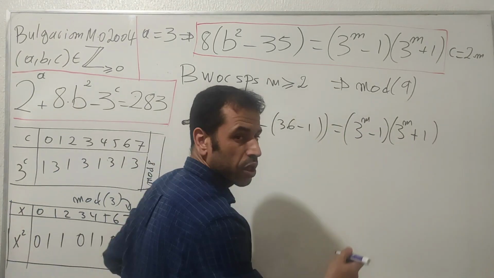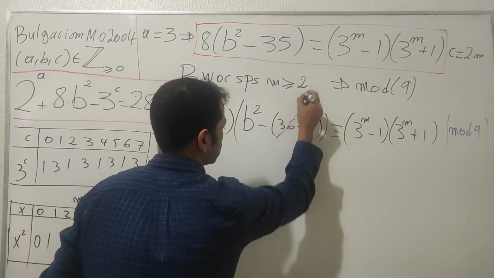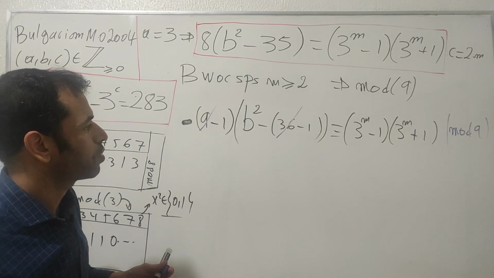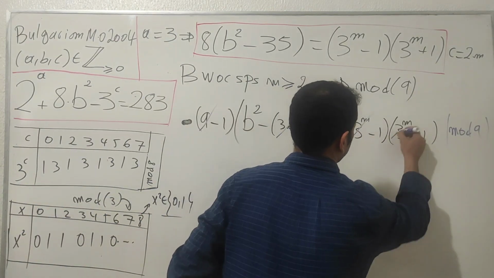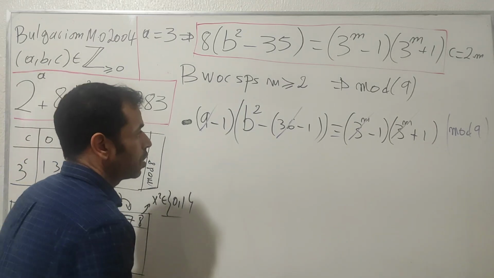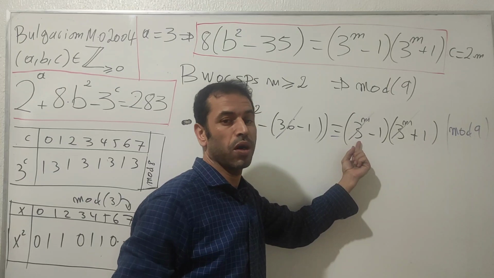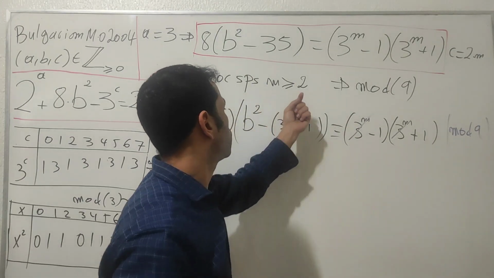Then reducing the equation to mod 9, this one will be 0, because 36 equals 9 multiplied by 4. This one is also 0 because m is greater than or equal to 2, so I have 9 here. If you divide 3 to the m by 9, you get 0 as long as m is greater than or equal to 2.